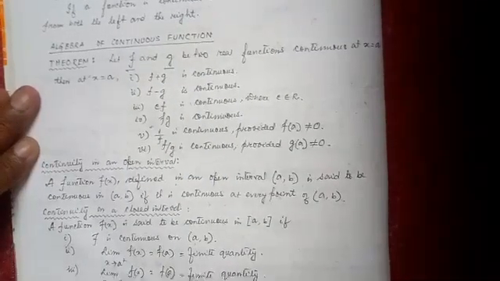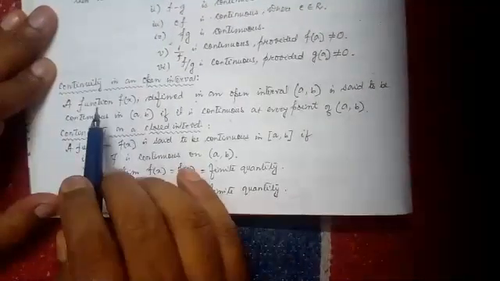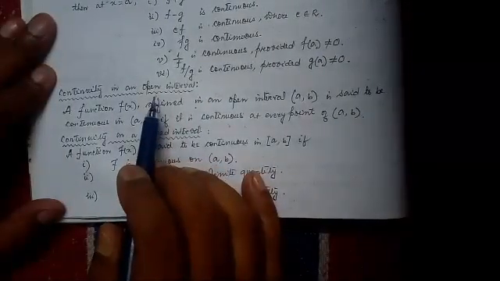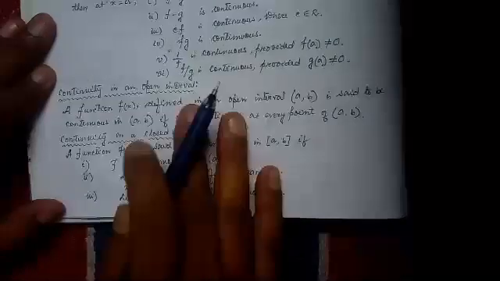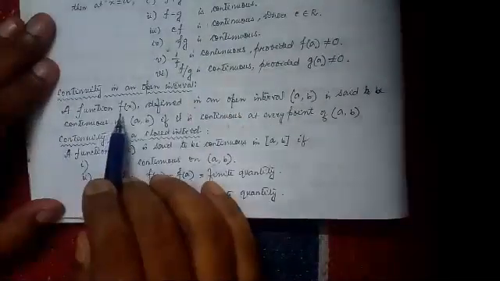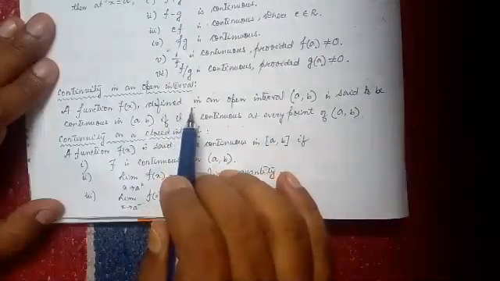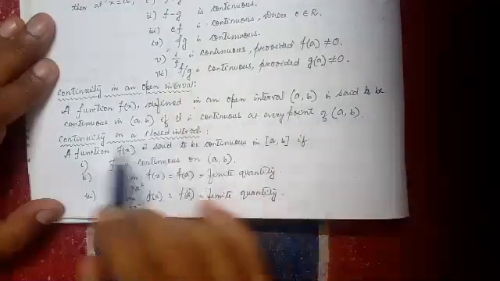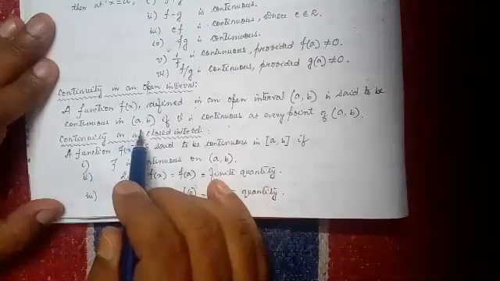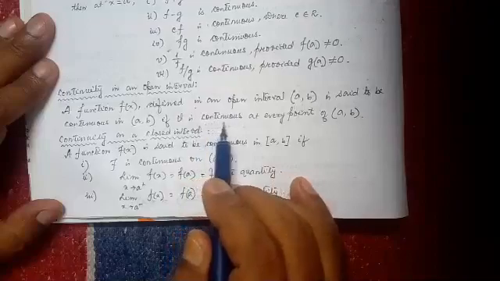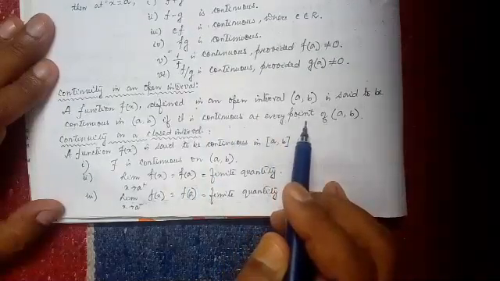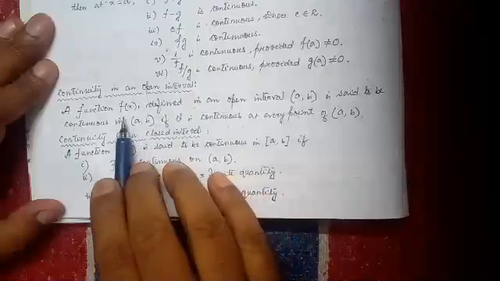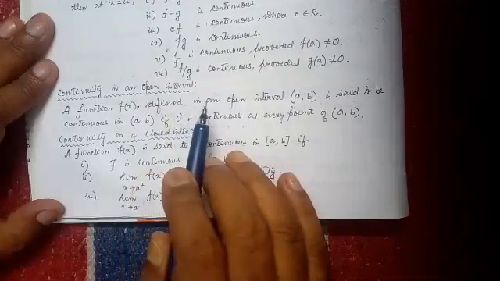Now, continuity in an open interval. A function f of x defined in an open interval a comma b is said to be continuous in the open interval a comma b if it is continuous at every point of the open interval a comma b.